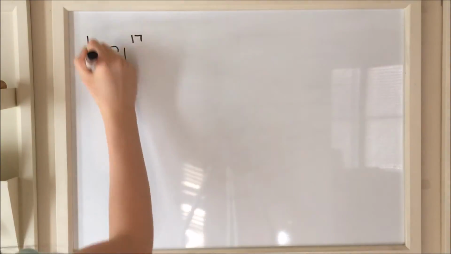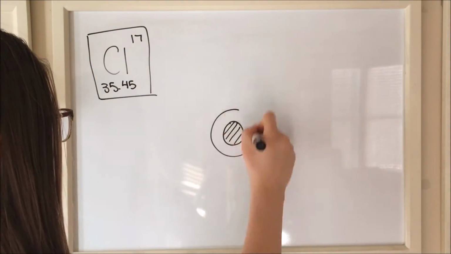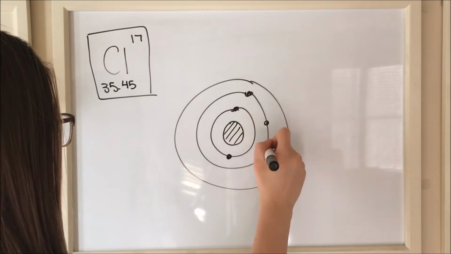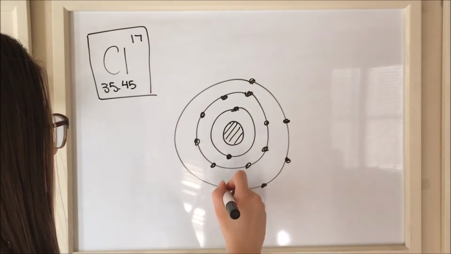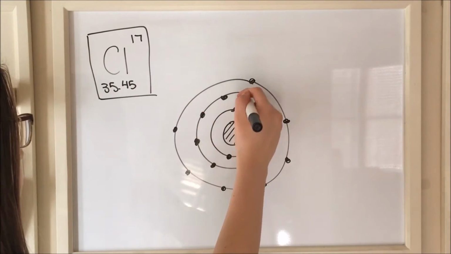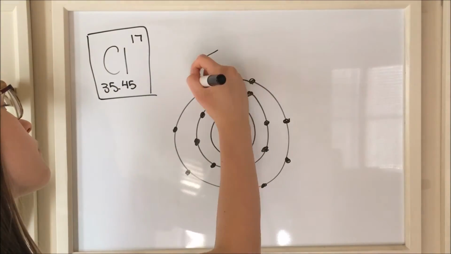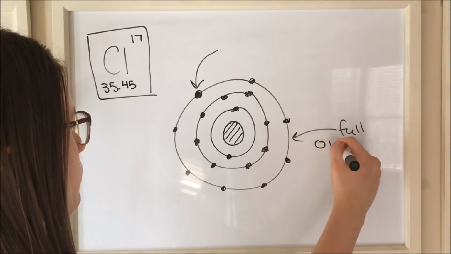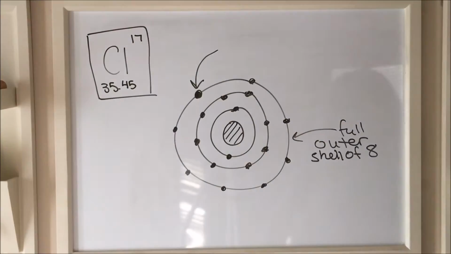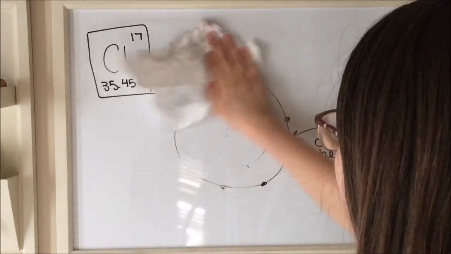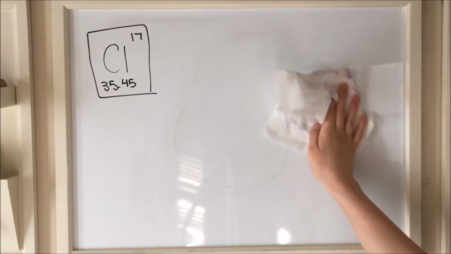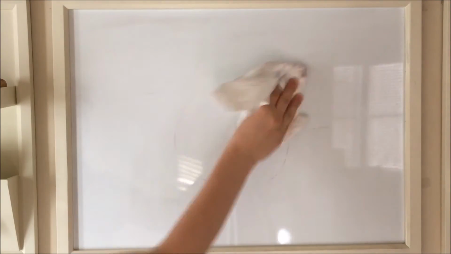Now let's do the same to the chlorine atom. The chlorine atom has 7 valence electrons, and if we add another valence electron, it now has a full outer shell of 8. So there are 8 valence electrons in its 3rd shell, which means it's happy now because it's full.